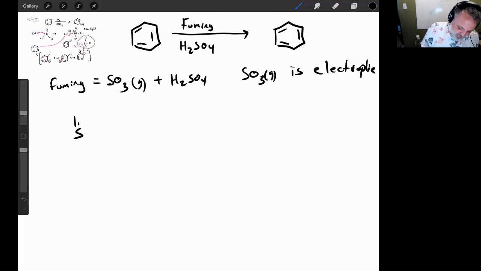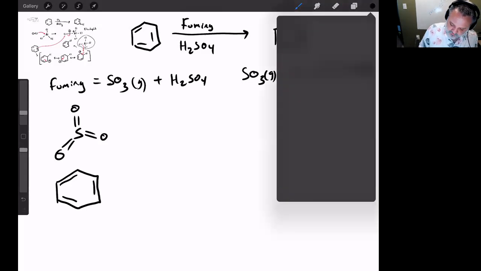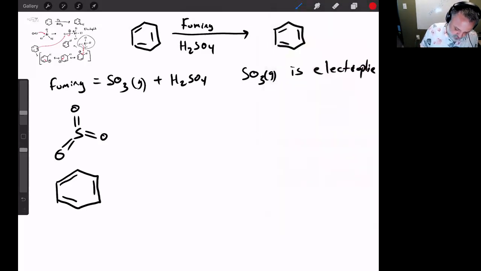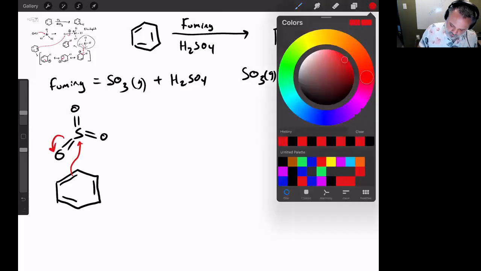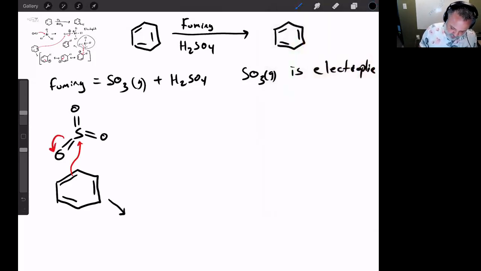And so it looks like this. Remember, sulfur can do an expanded octet, but at the same time, oxygen is more electronegative, so sulfur is partially positively charged. So this is how we start off the reaction, and we form the sigma complex.